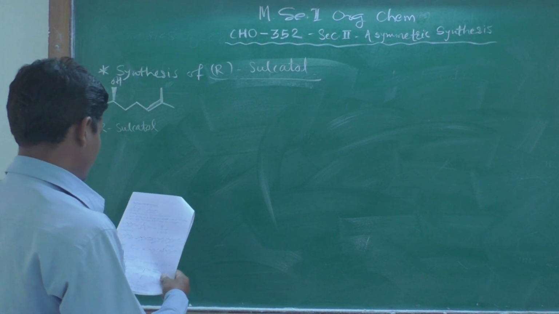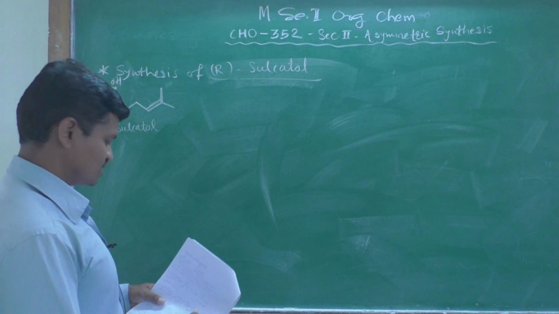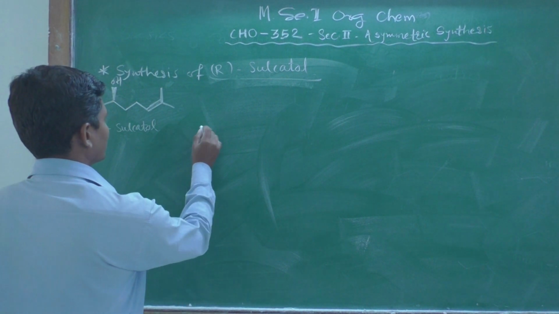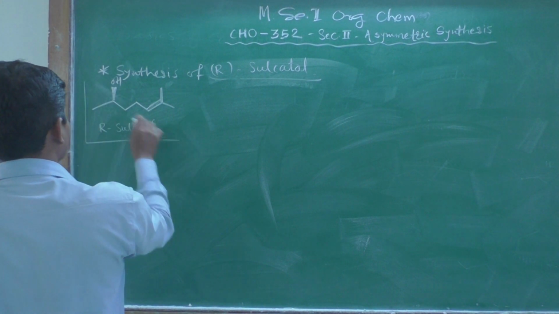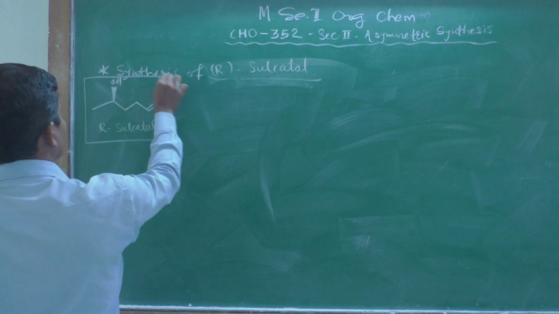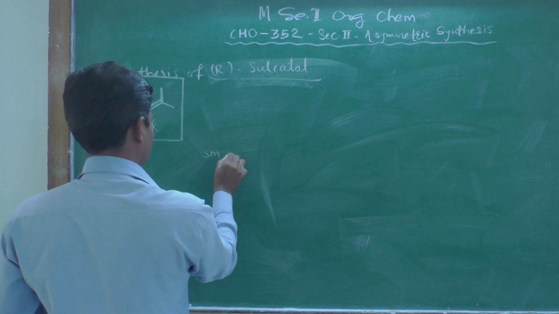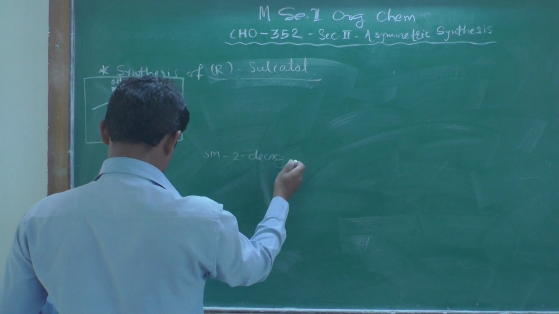This R-sulcatol can be prepared from a simple starting material known as 2-deoxy-D-ribose. This is our target molecule, and the starting material is 2-deoxy-D-ribose.